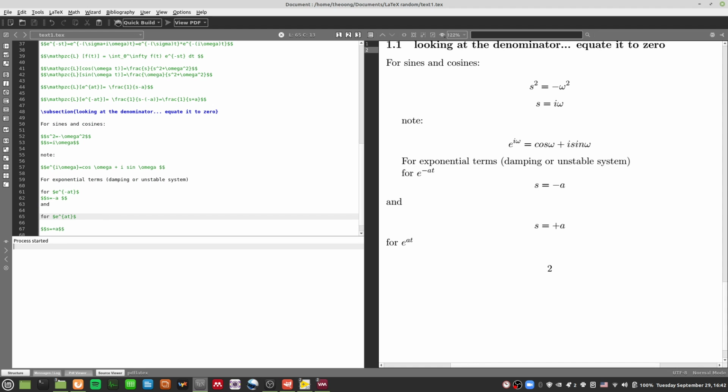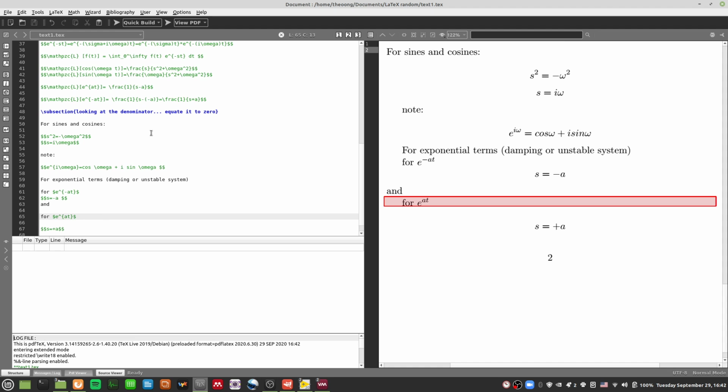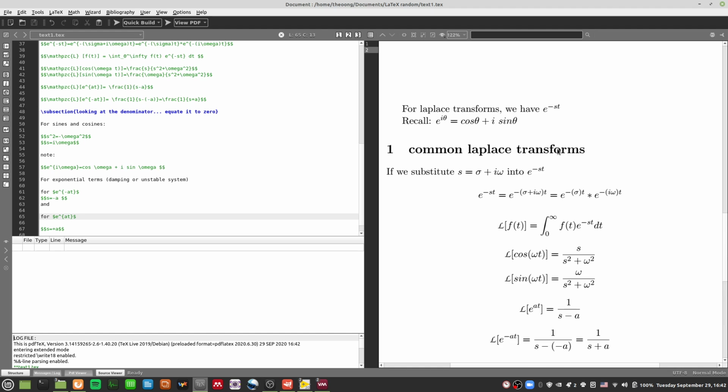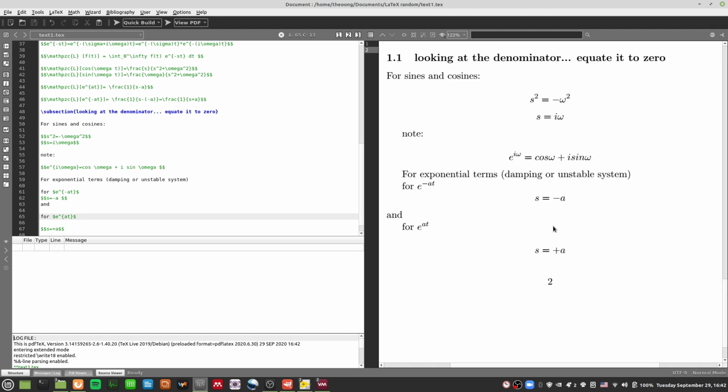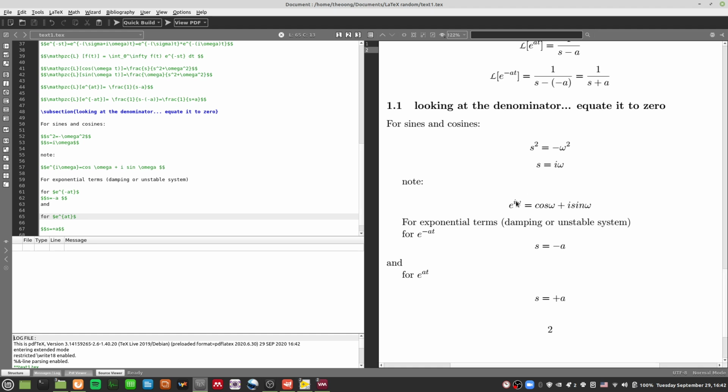So notice something very special, a pattern here. Wherever you find s becoming a real number, the real part of s, you will get the exponential part of the Laplace transform. Wherever you have the imaginary part, you will get the oscillating part of the Laplace transform.